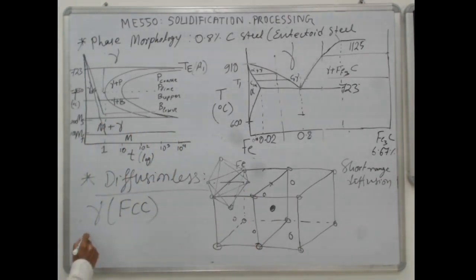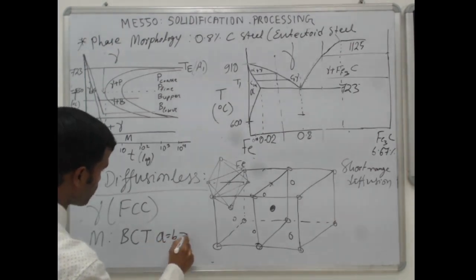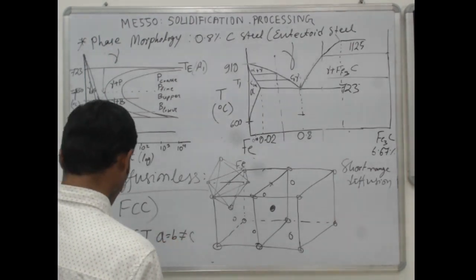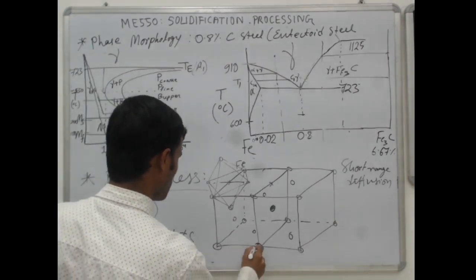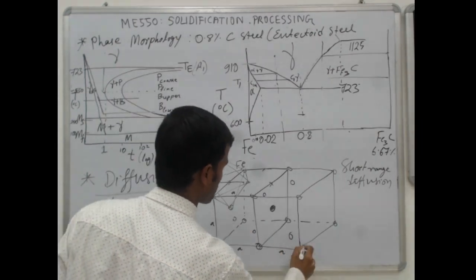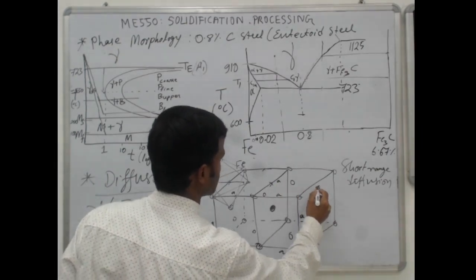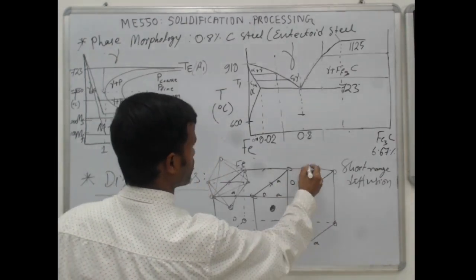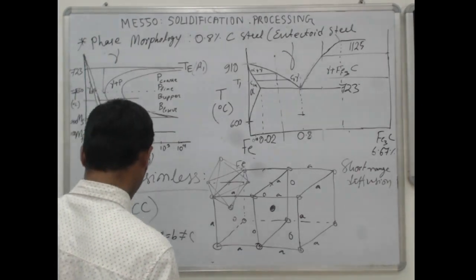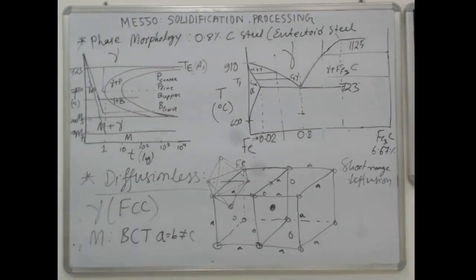BCT is martensite. Martensite is body centered tetragonal. So A equal to B, not equal to C. Suppose this is a unit cell, one unit cell with parameter A. The length of all the sides will be the same.